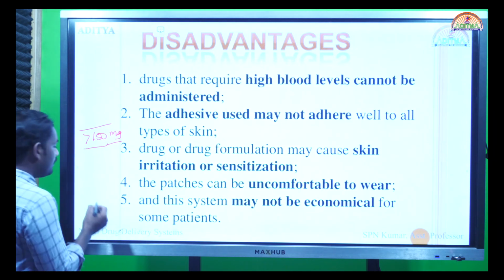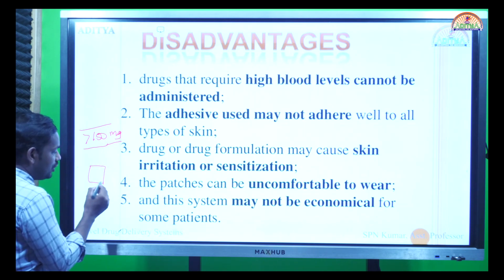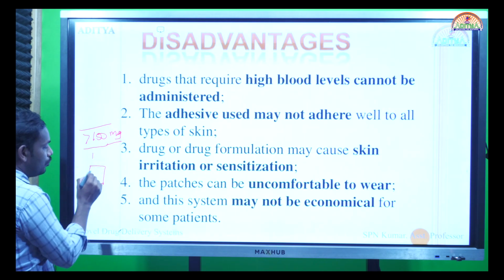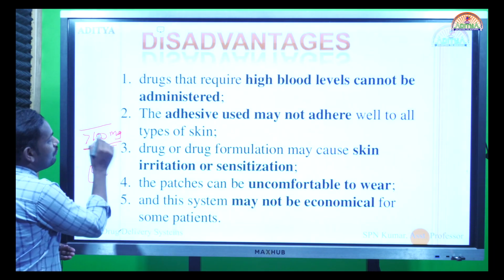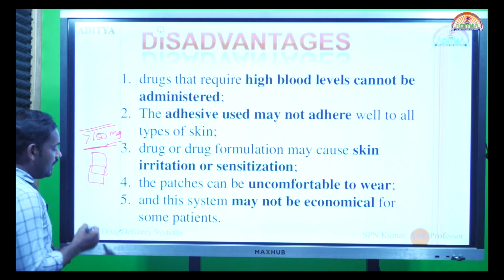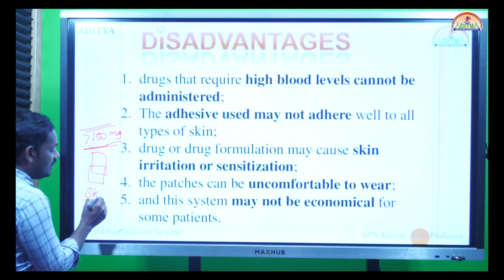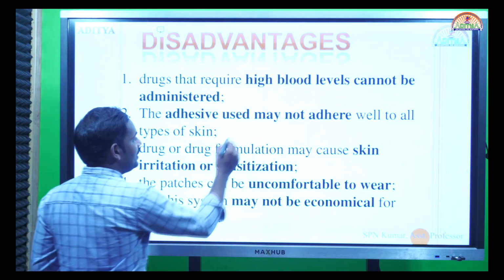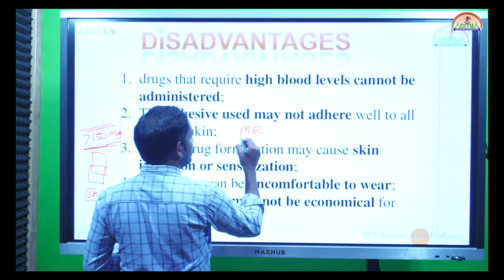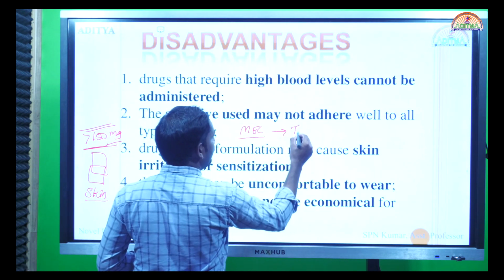Because the surface area of the patch and the skin area exposed to this patch can only take a limited amount of drug. Greater than 150 mg may not be effectively reaching the skin capillaries. So this may cause lesser doses. Your dose will be lesser than the minimum effective concentration, which again leads to therapeutic failure.